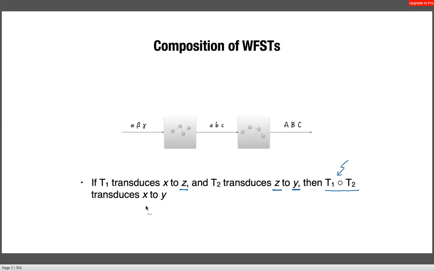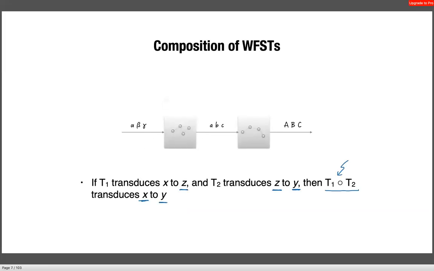T1 composed with T2 is a new machine that will have a single path that transduces the input string X directly to the output string Y. So it's kind of bypassing this intermediate string. I hope the semantics is clear.